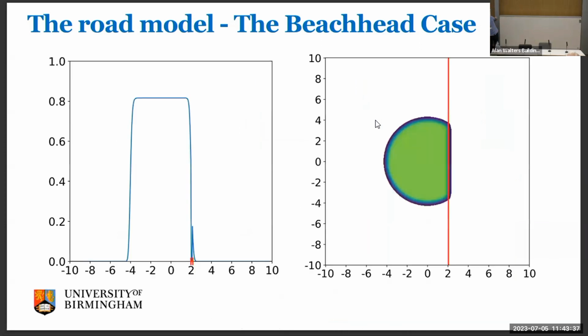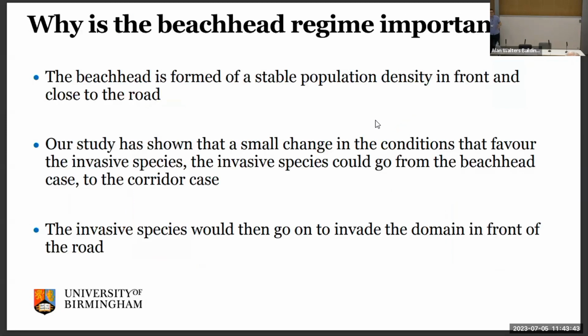It might be a bit hard to see here, so here's a slightly zoomed in picture of the same thing going on. But why is this important? Well, what's happening is you have this negative growth for low densities, so it decays in front of the road, but then you're adding more population in from the other side of the road to have this equilibrium.